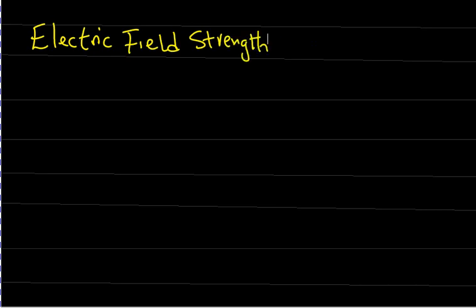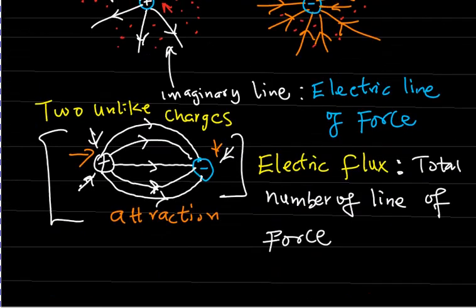By the way, the symbol for electric flux, of course, we use the symbol phi. Electric flux in an electric field, phi, is approximately equal to the magnitude of the electric charge.